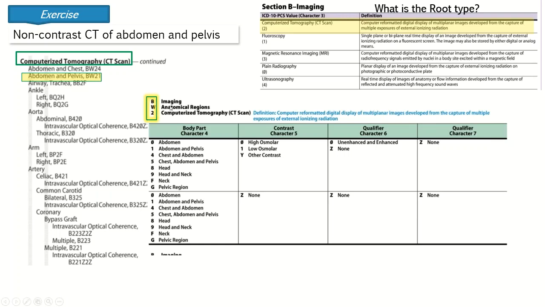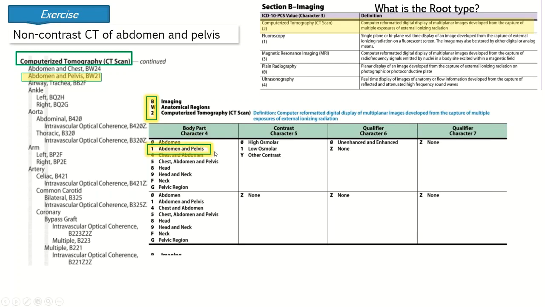This is imaging of anatomical regions, computerized tomography, and look at that definition, computer reformatted digital display of multi-planar images developed from the capture of multiple exposures of external ionizing radiation. All right, our 4th character, well, in the index, they say it's 1, so let's go ahead and verify it. And if we look down, boom, it is 1.